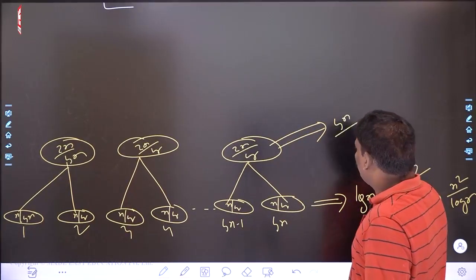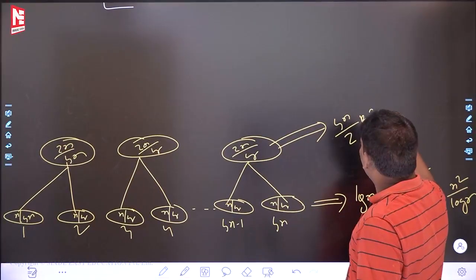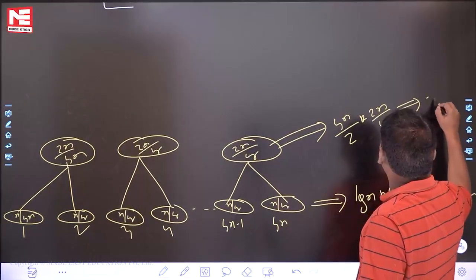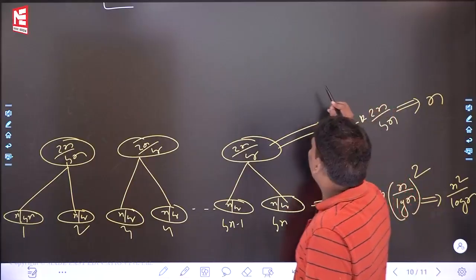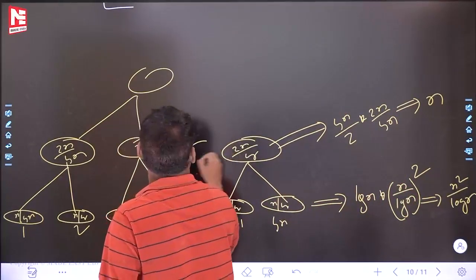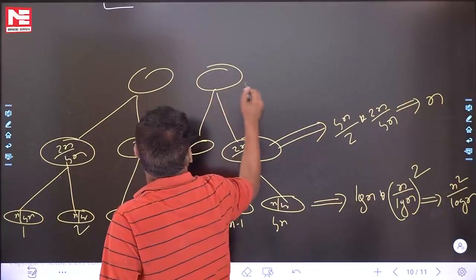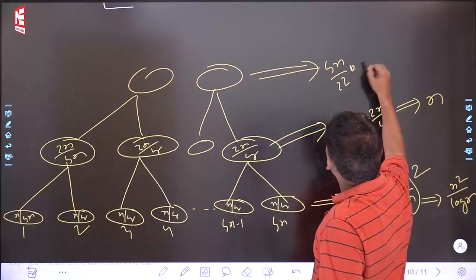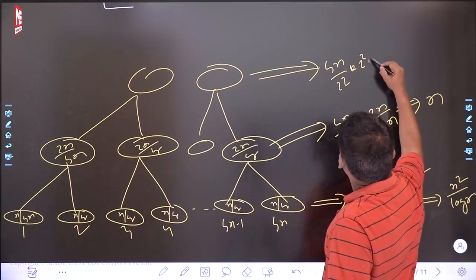Log n by 2 groups, and every group size is going to be 2n by log n. Both cancel, and 2 to n is there. Like that, every level is n. If you want, you can do the next level also. We have already done this. This level also, what is the answer? Log n by 2 square into 2 square n by log n.